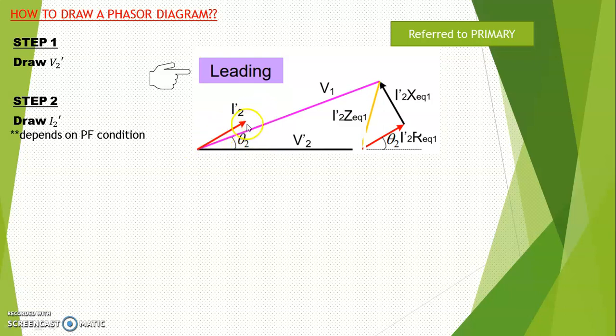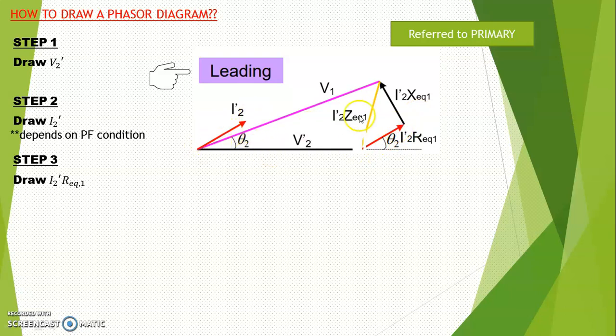Usually for the leading condition, the I2 leads the V2 prime, so that's why the I2 is located here. Once you draw your I2 prime, you can draw the I2 prime multiplied by R equivalent, which is parallel with the I2 prime.